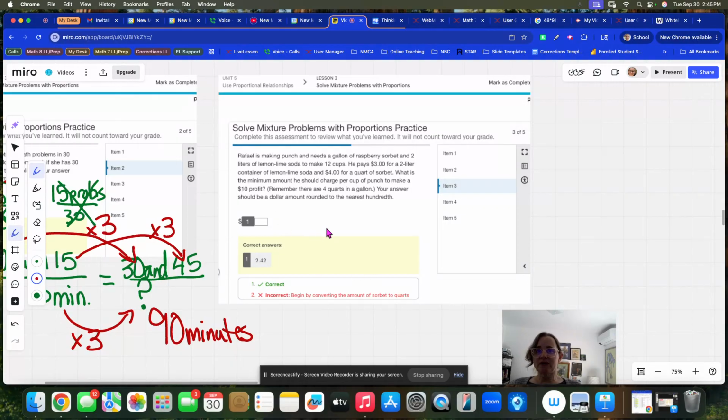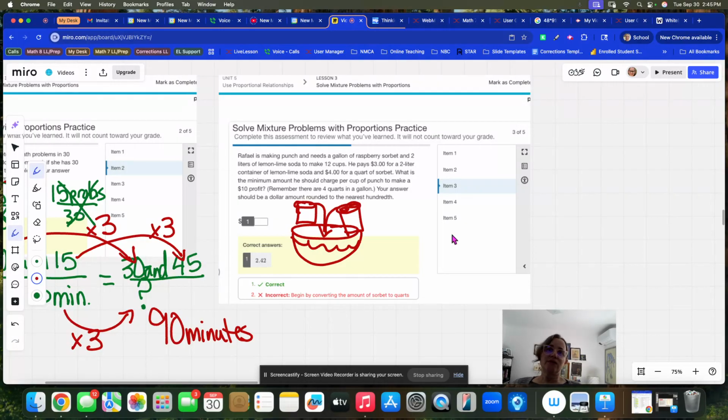So first of all, this is a mixture problem. He's going to make a big bowl of punch, okay? And this punch sounds like fantastic, by the way. It's got like ice cream in it. Here's the ice cream. And then it's got soda in it. Here's the soda. Okay, and he's going to pour them in here, mix it around, and get some punch.